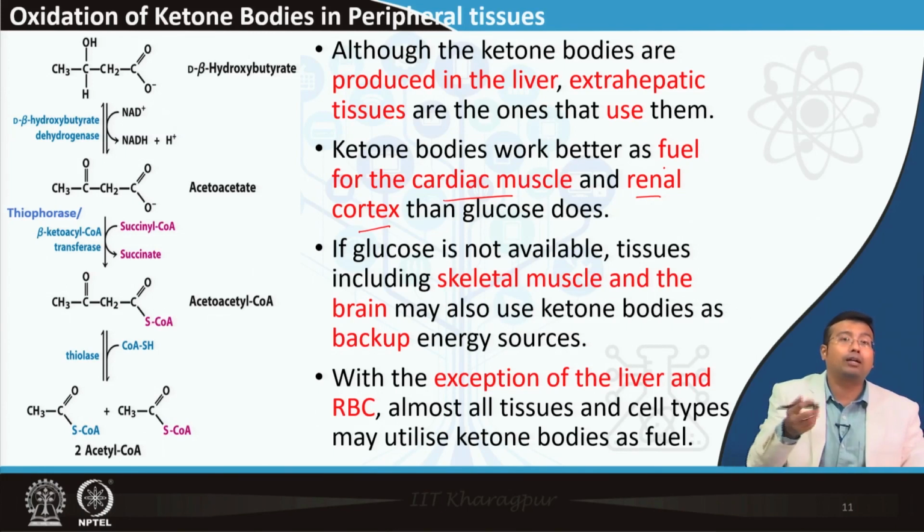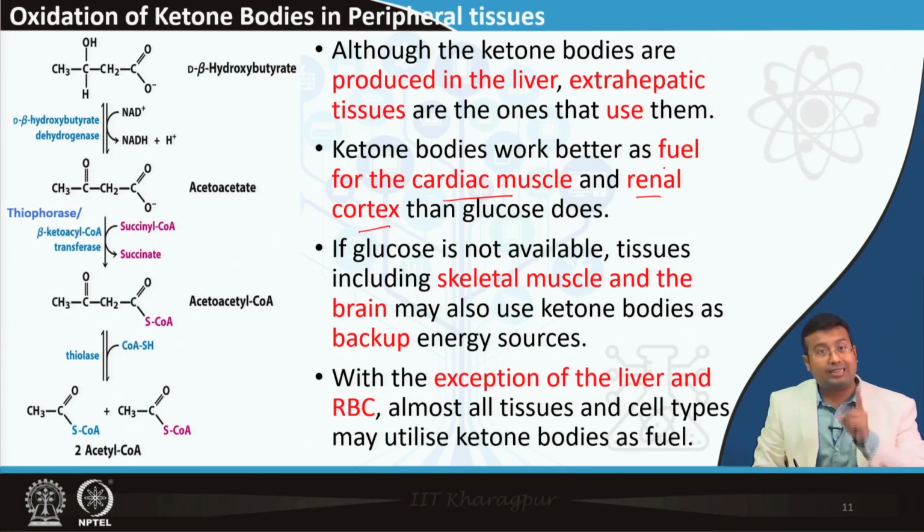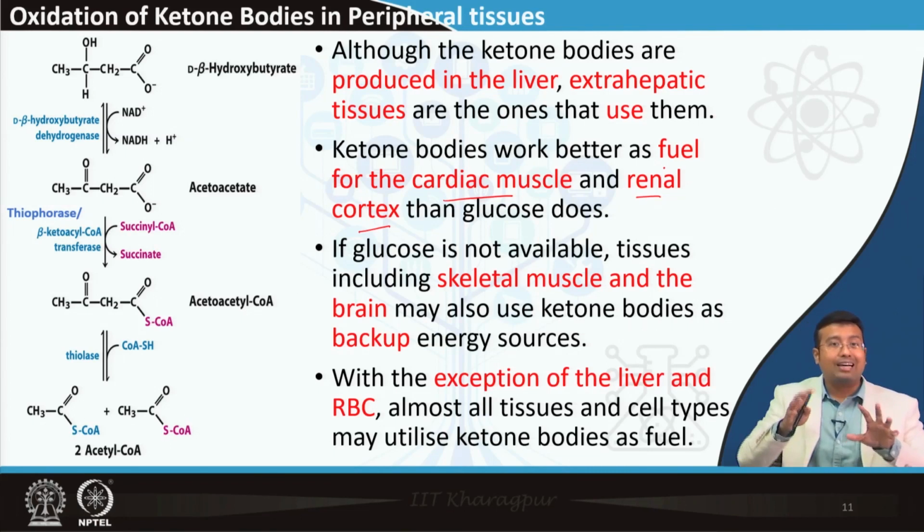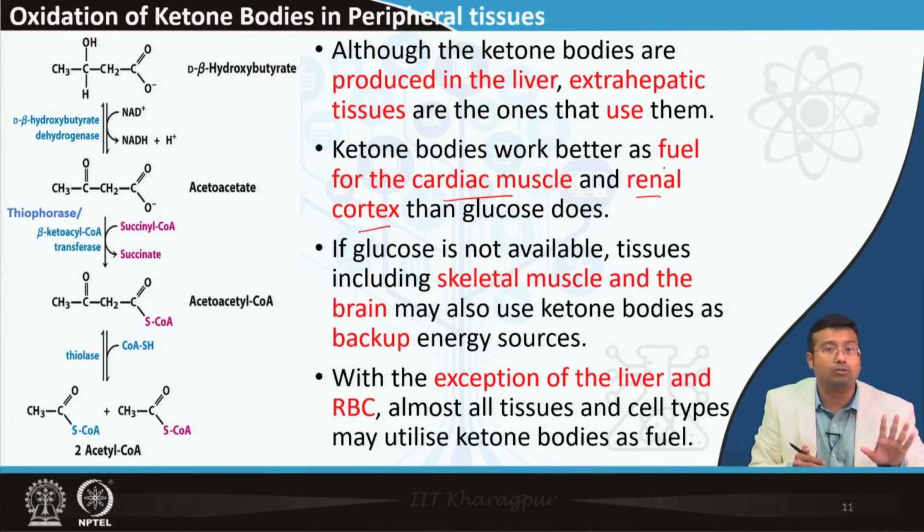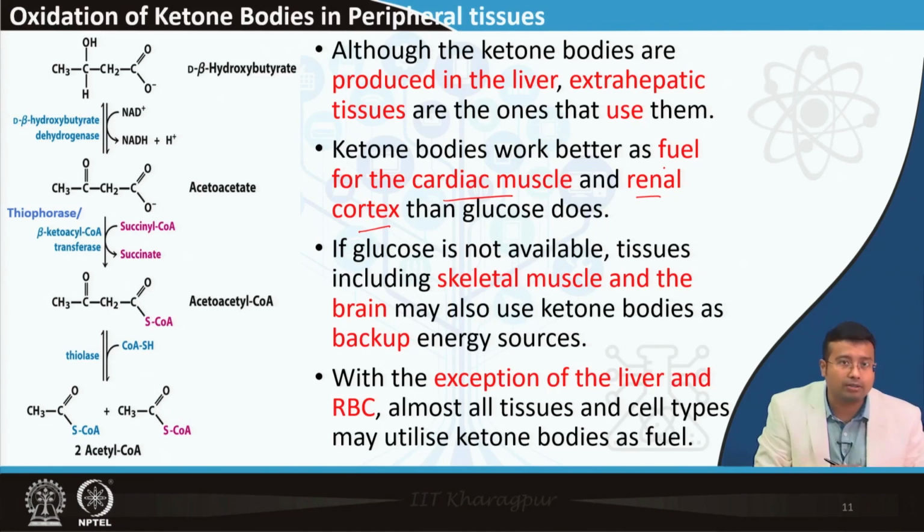It is the overproduction that is problematic, right. So, ketone body is normally produced. Next, in situations where glucose is not available, we are seeing that when glucose is absent, excess ketone bodies are produced in diabetes or in starvation, right.